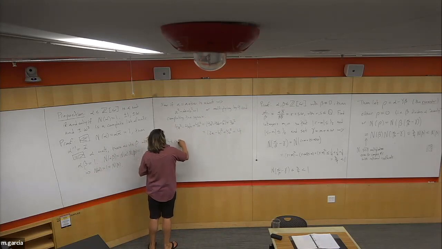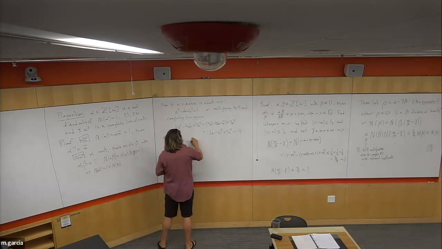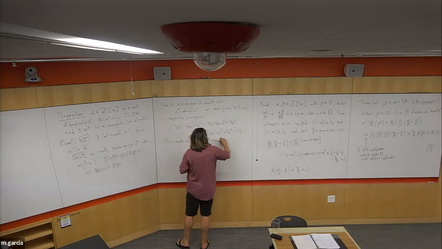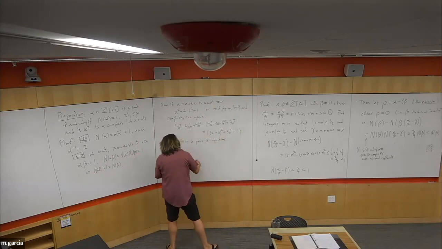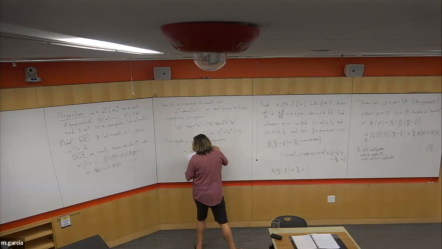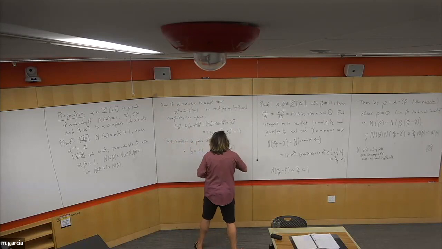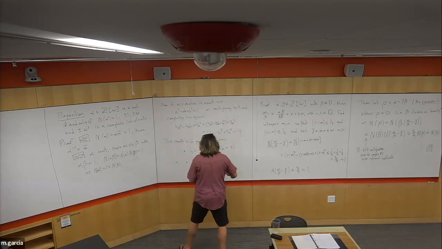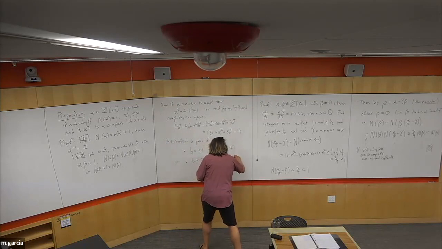This results in 6 pairs of equations, and I'll write them in a very compact format. We have b is equal to plus or minus 1 and 2a minus b is equal to plus or minus 1, or b is equal to 0 and 2a minus b is equal to plus or minus 2.